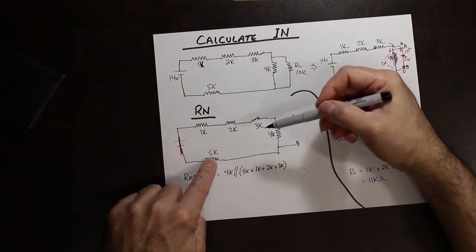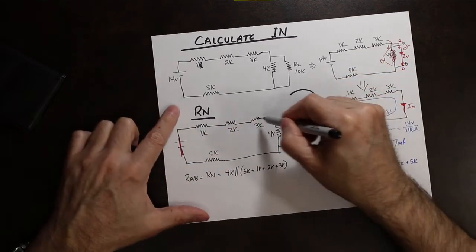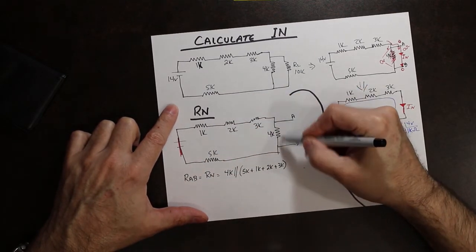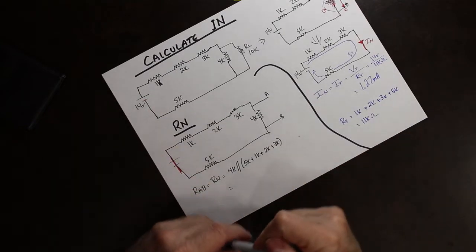So again, 5K and 1K and 2K and 3K. So this loop here is in parallel with the 4K. So let's figure that out.